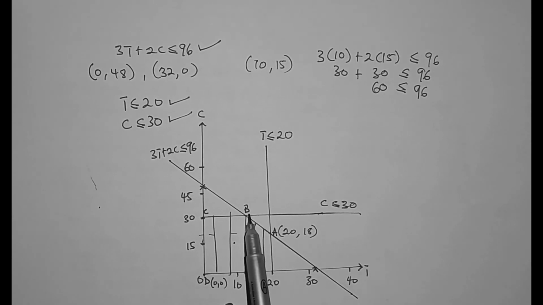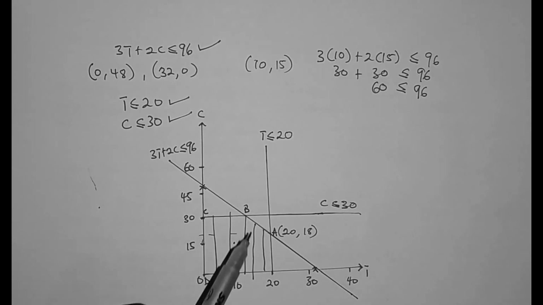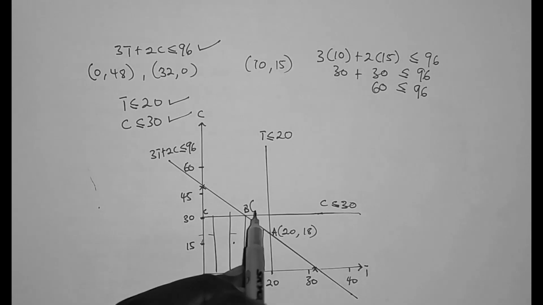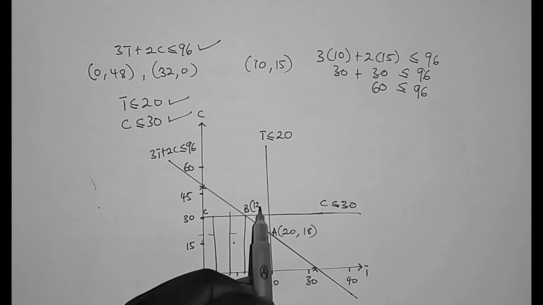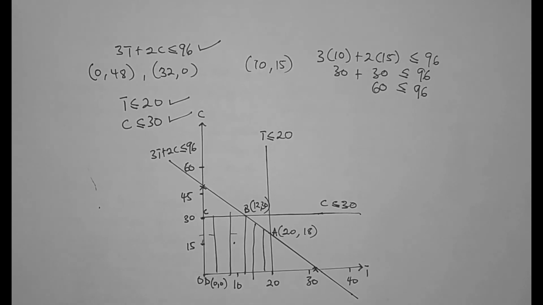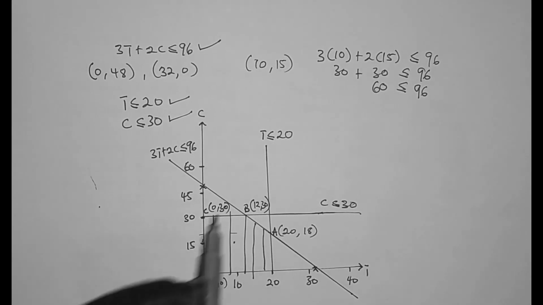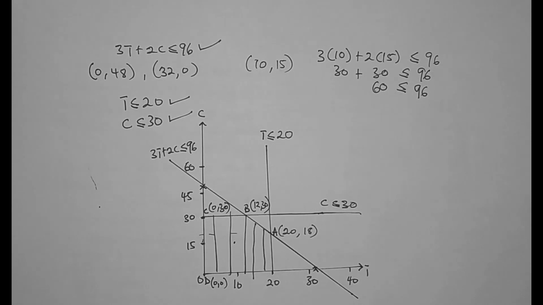Then B is at 30 on the c-axis and around 12 on the t-axis, and therefore B is 12, 30. Then C is also at 30 for the c-axis and 0 on the t-axis, and therefore C becomes 0, 30. So we'll then take these coordinates and find the maximum number of chairs and tables you can make.